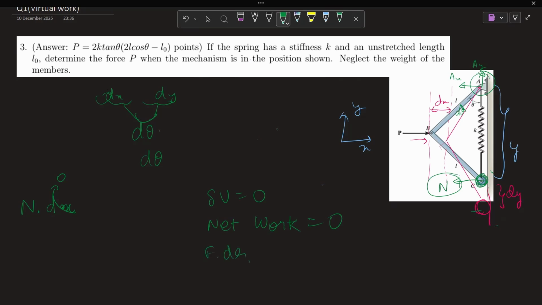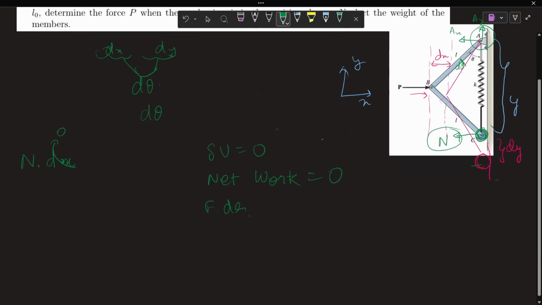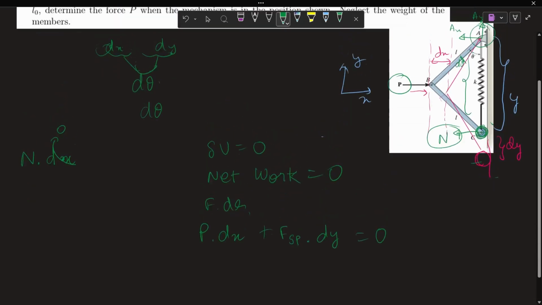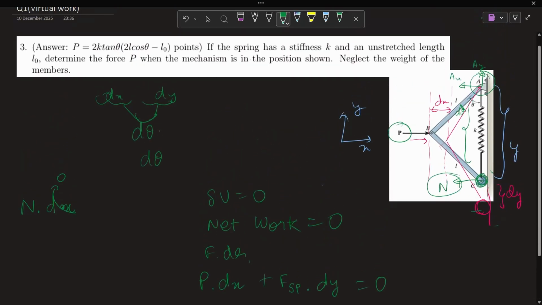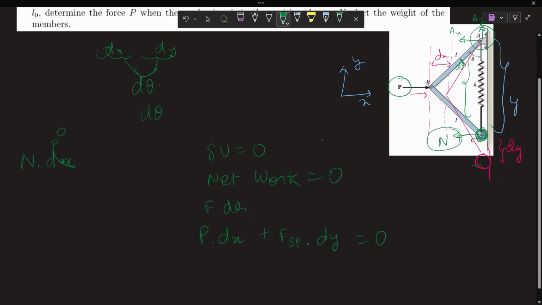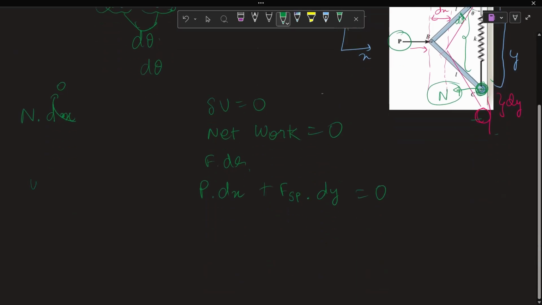So what we get basically from here is this force P times dx, plus F spring times dy, equals 0. Now, what is F spring? It is given that the unstretched length of the spring is L naught.